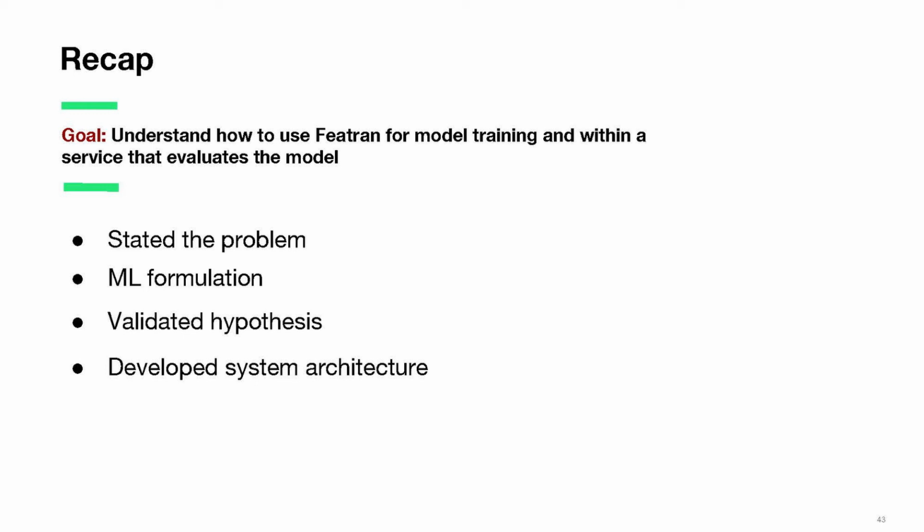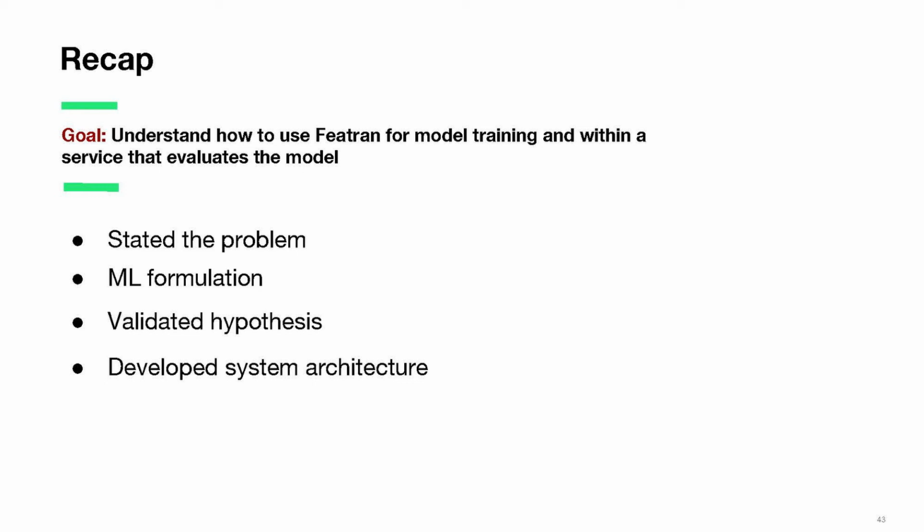And so what we did was we started with the problem. And for that, it was reordering content on home so that the more popular items would be placed in a more viewable position. We then talked about how we could use machine learning to formulate the problem.